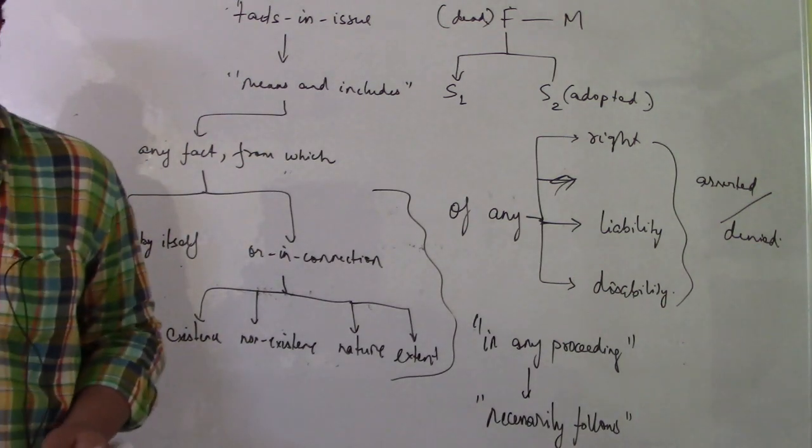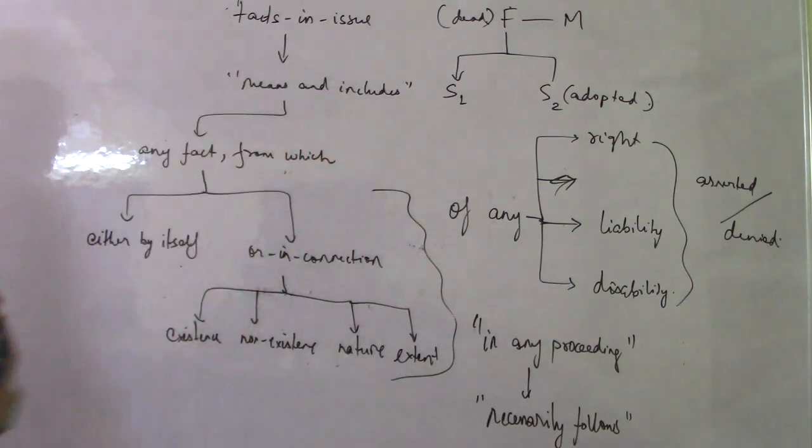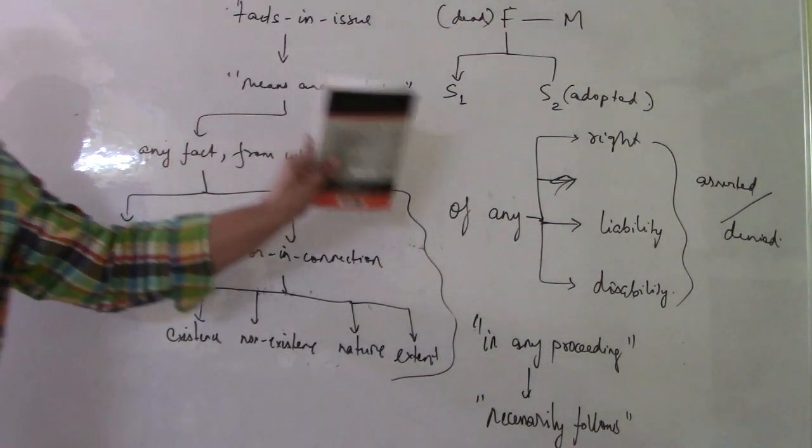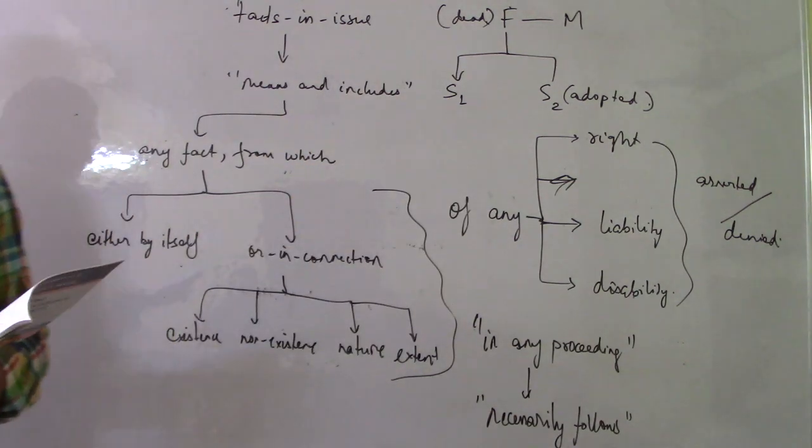So the adoption of S2 is the fact in issue. Precisely. The fact in issue is whether S2 is a validly adopted son or not. Now, as you have already seen this example, you can directly take a look at the explanation to this section.